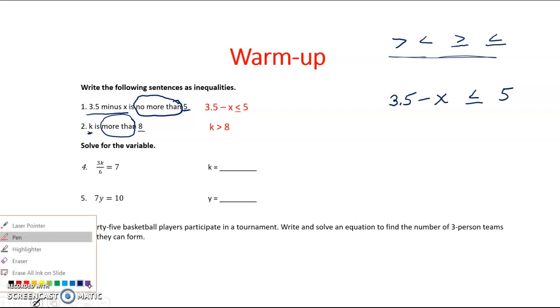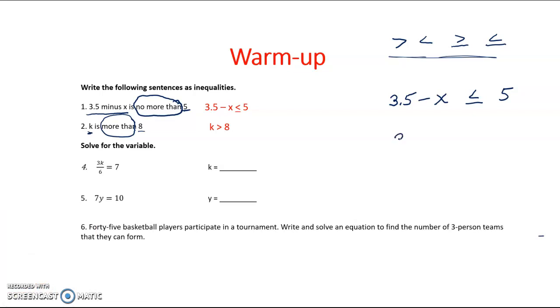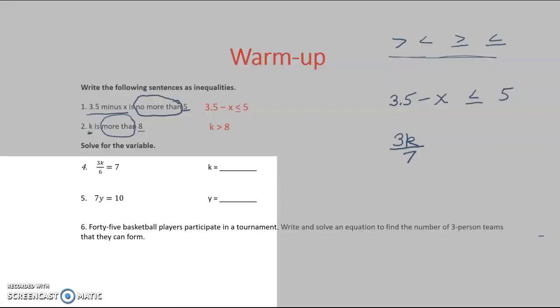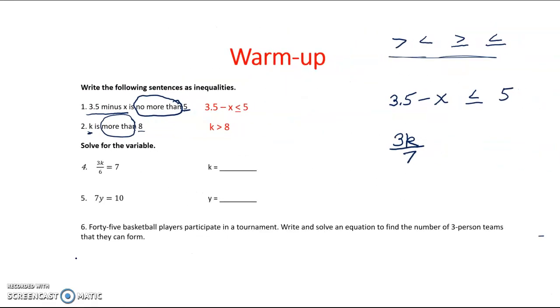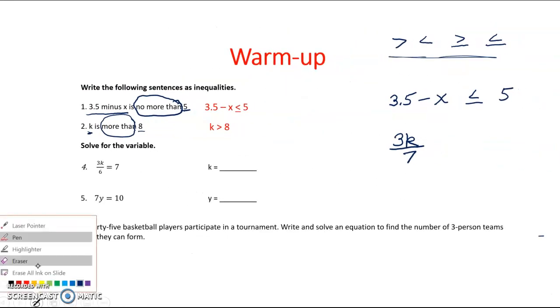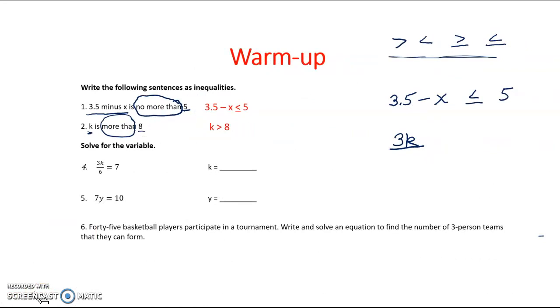I'm going to go with purple. All right, so I have 3k divided by 6 equals 7.